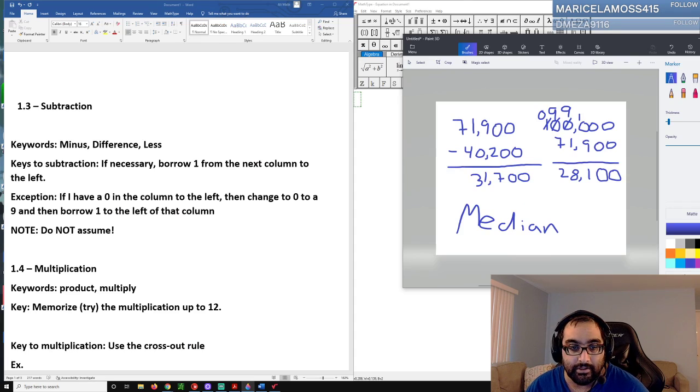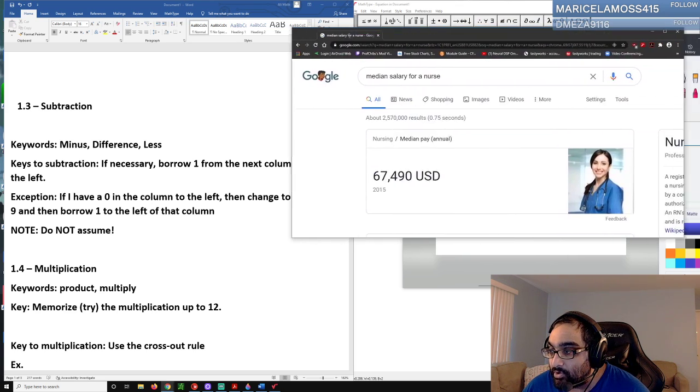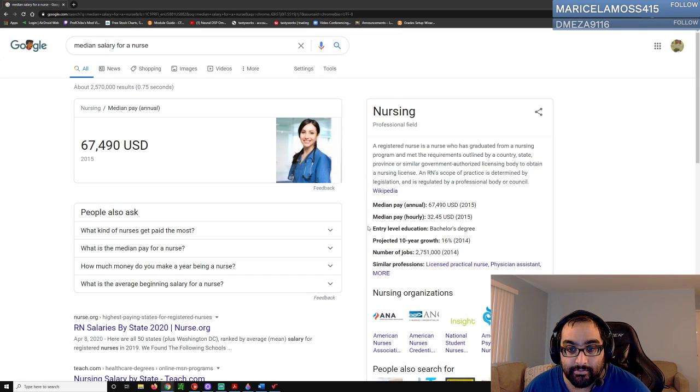All right, so let me give you an example here real quick. Let's say the median salary for a nurse, okay, just a nurse. There could be median salaries for nursing. What's a median salary? The median salary here is 67,490. So that's a median salary for a nurse.